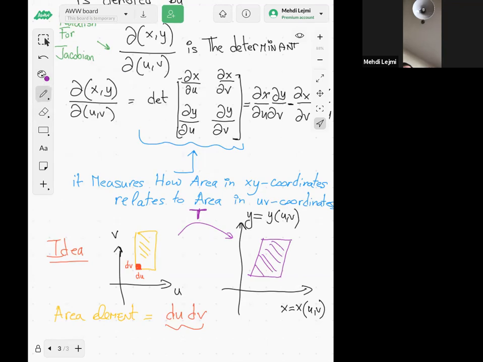Now, the area element in the new coordinates is supposed to be dx dy. So here's your dx, and here is your dy.